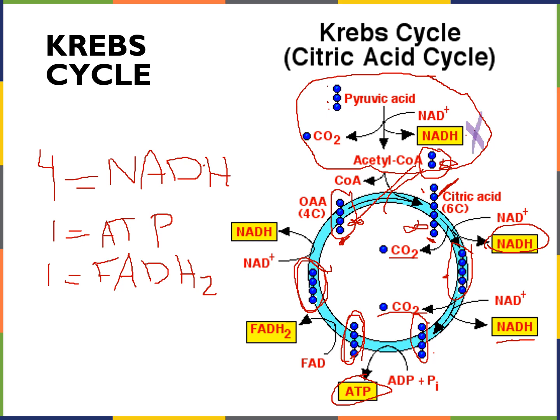So that's 3, 6, 9, 12. Now, FADH2 only makes 2 molecules of ATP. So 12 plus 2 is 14. So far we're at 14. And then at the very bottom with ATP, we have 1. So 15.